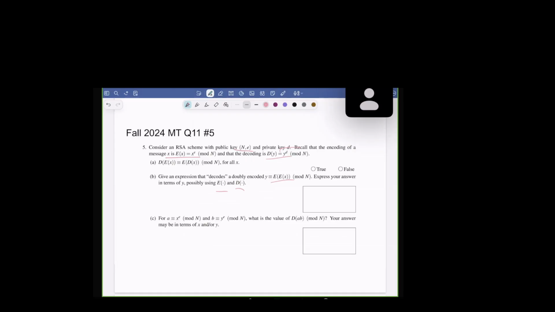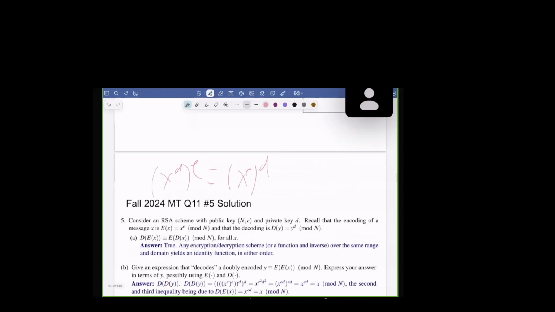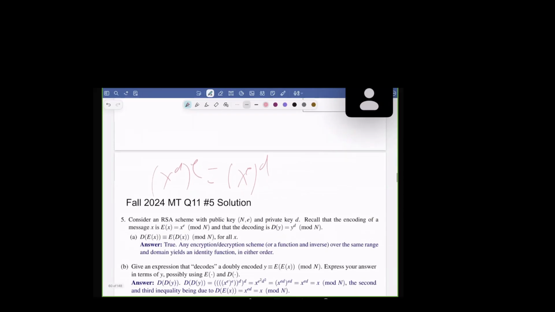Any ideas? Why don't we just decode twice? Yeah. So I'll just spell out the answer. This is the very neatly written answer, with all these parentheses involved. But yeah, that's pretty much it.